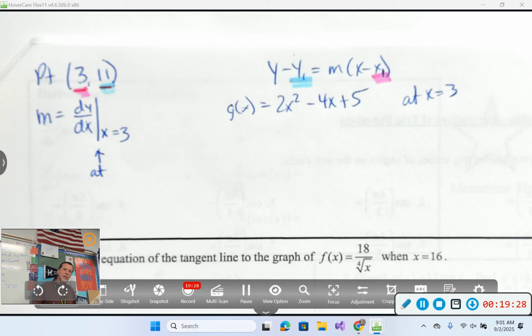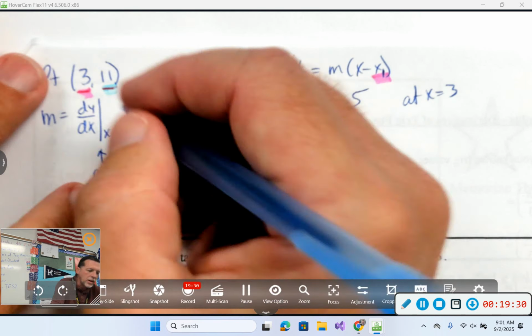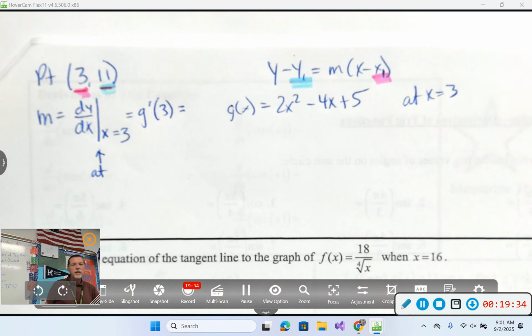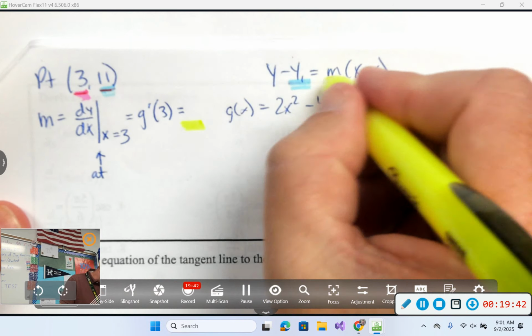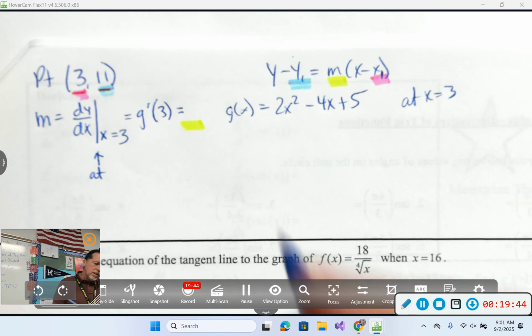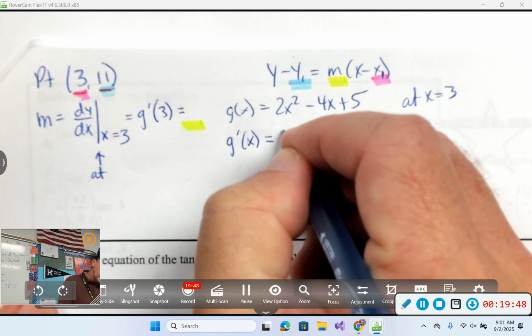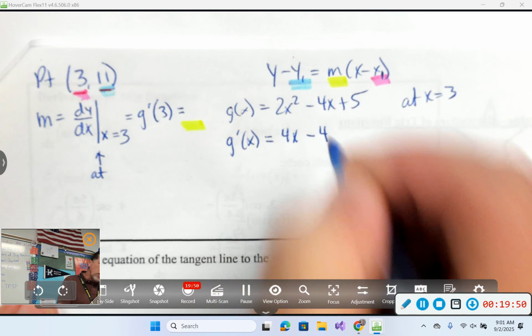So I need to take a derivative and evaluate at 3. Maybe a better way to write it would have just been g prime at 3. So I need to find the slope at 3. And then whatever the slope at 3 is, that will go in for m. So g prime is 4x minus 4.